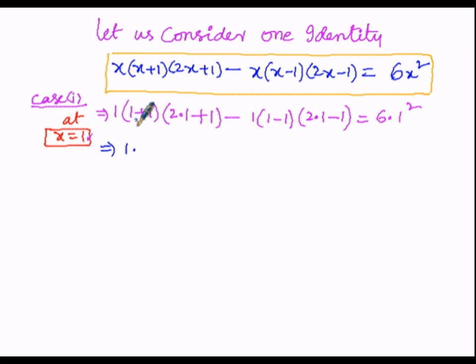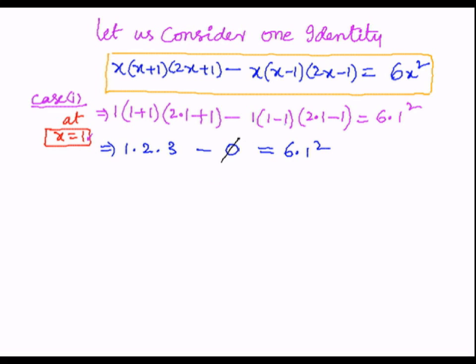1 into 1 plus 1 is 2, into 2 ones is 2, plus 1 is 3, minus 1 minus 1 is 0, into 1 is 0, 0 into this bracket is 0, equals 6 into 1 square. We can strike off this 0.